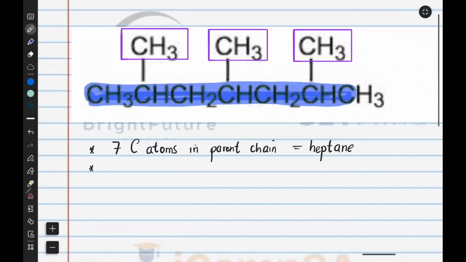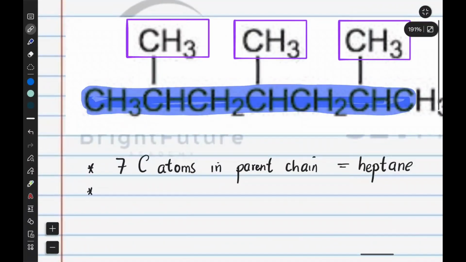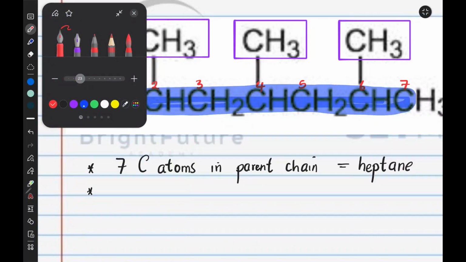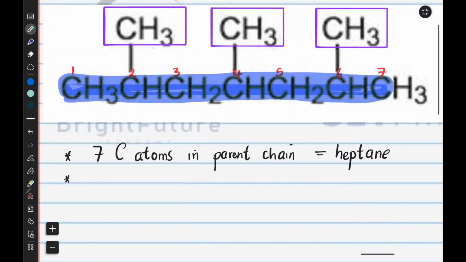So if I number from this side, from left to right, I will get 1, 2, 3, 4, 5, 6, and 7. And then if I number from right to left, I get 1, 2, 3, 4, 5, 6, and 7.